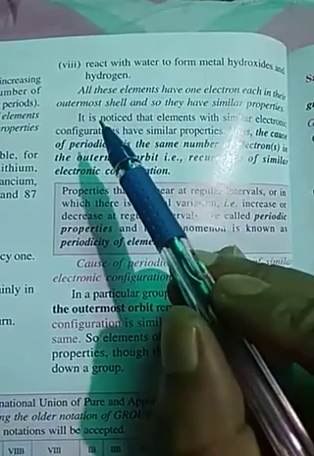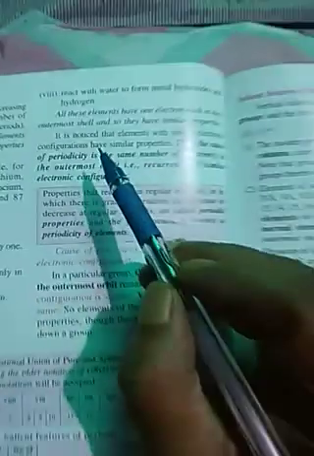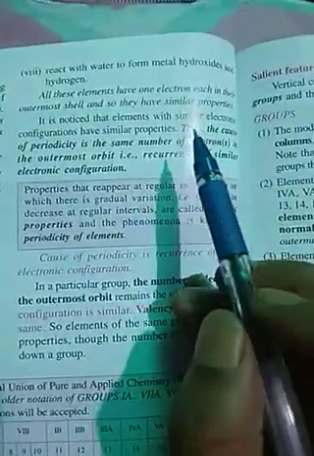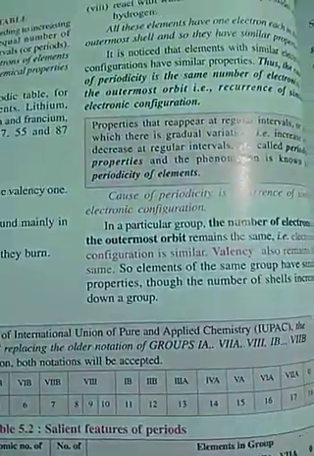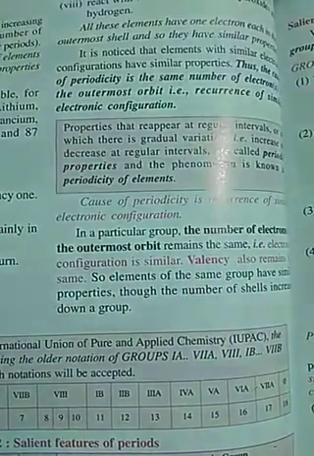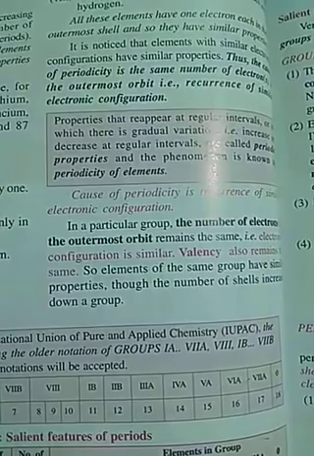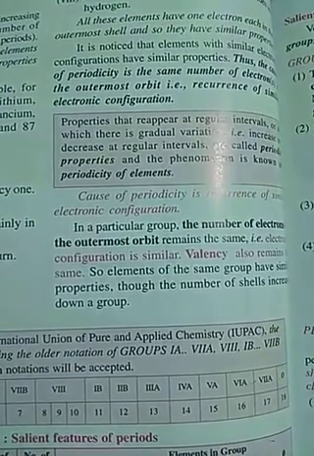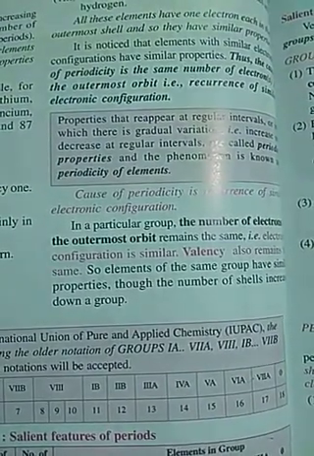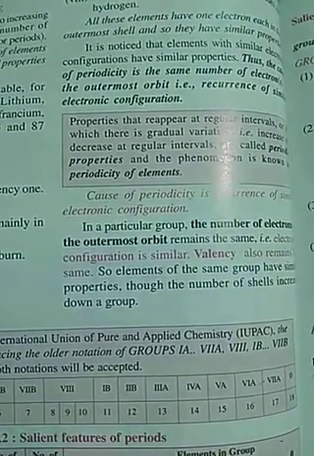Normally, it is noticed that elements with the same electronic configuration show similar properties. Thus, the cause of periodicity is the similar electronic configuration, meaning the same valence electrons.